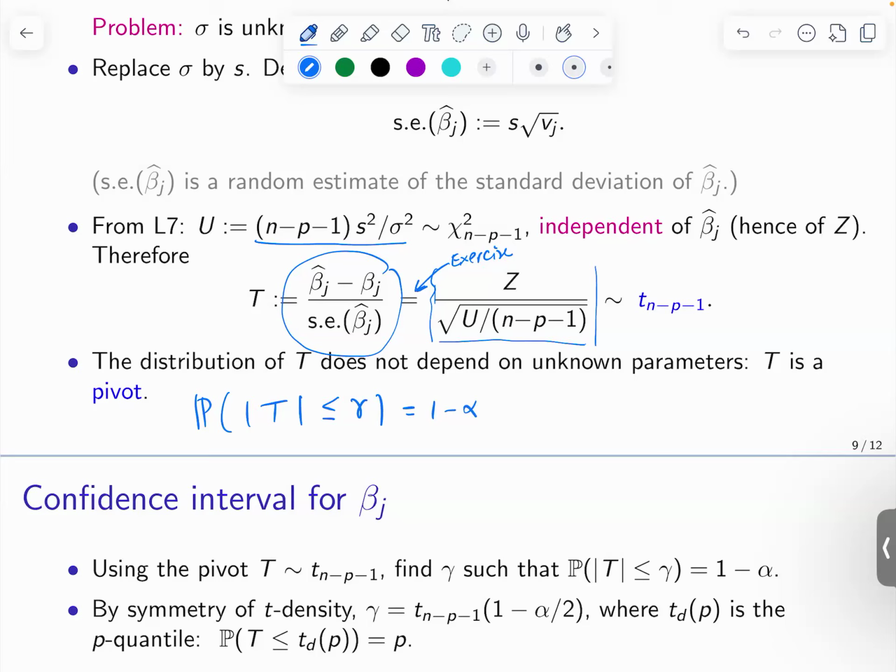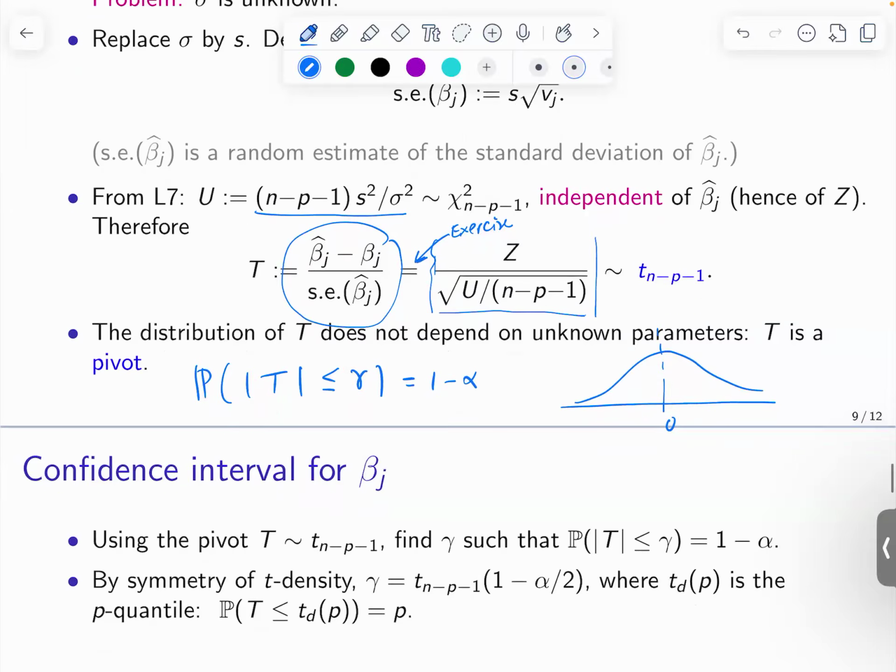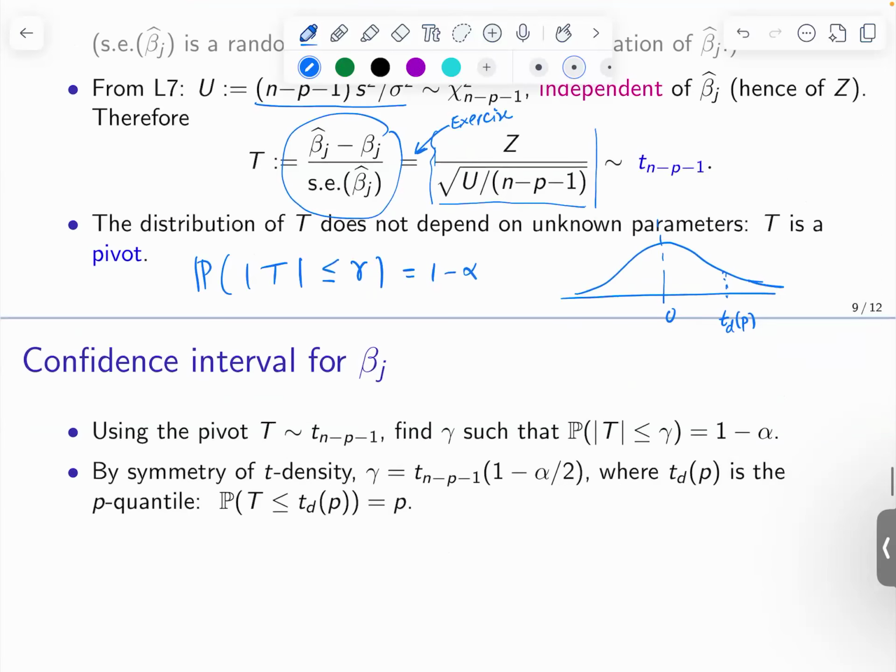Let's plot the t-distribution, for example. It's going to be a symmetric distribution around 0 with that many degrees of freedom, which depends on n and p. Since it's symmetric, it simplifies a little bit. If you look at, for example, the pth quantile of the distribution, it would be a value such that the probability that the statistic is below it is p.